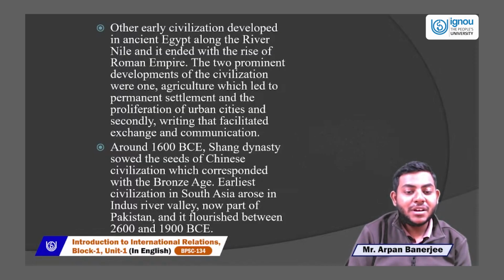Around 1600 BC, Shang dynasty sowed the seeds of Chinese civilization, which corresponded with the Bronze Age. The earliest civilization in South Asia arose in the Indus River Valley, now part of Pakistan, and it flourished between 2600 to 1900 BC.